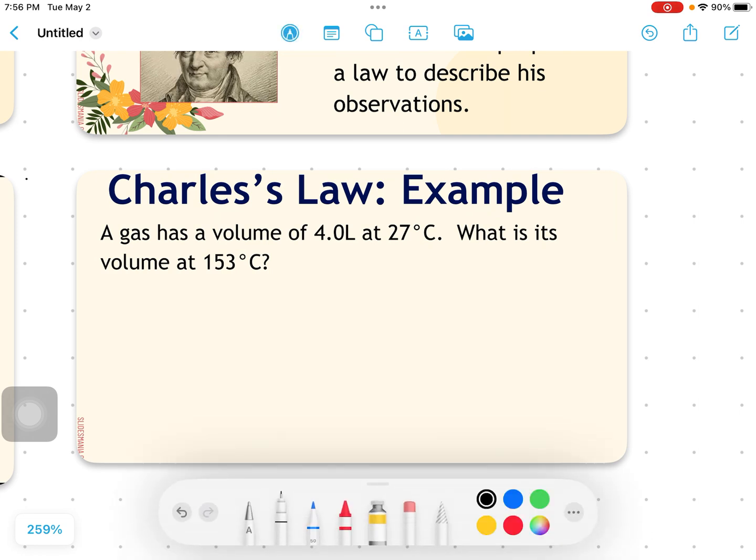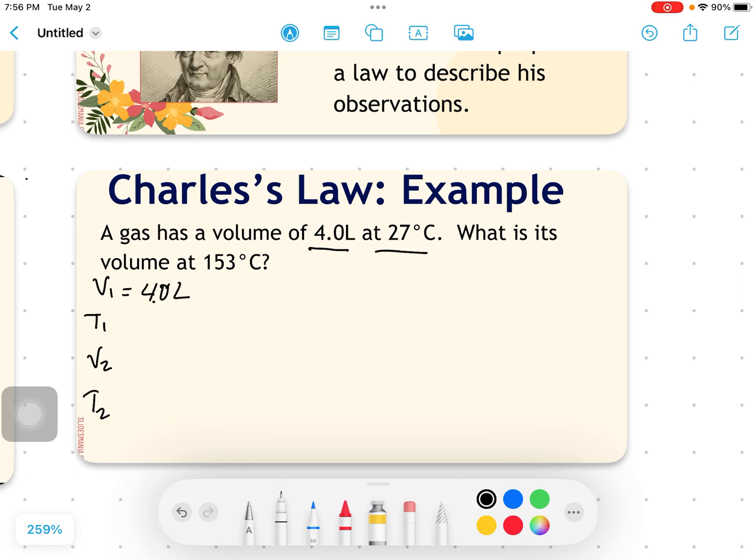So a gas has a volume of 4.0 liters at 27 degrees Celsius. What is the volume at 153 degrees Celsius? So since I know this is Charles' law, I'm going to list all my variables out. So I have V1, T1, V2, T2. So again, just like in Boyle's law, the first volume I run into, which would be my 4.0 liters, is going to be my volume 1.